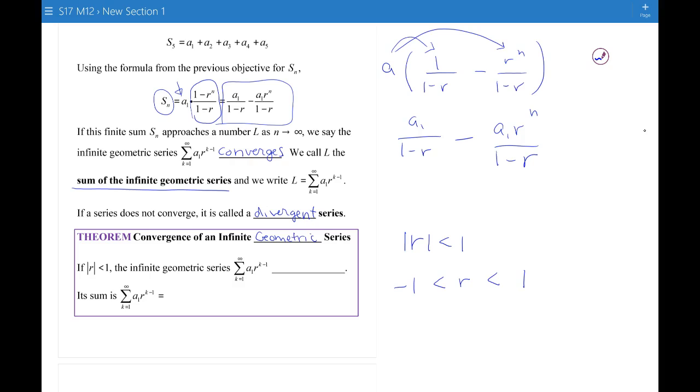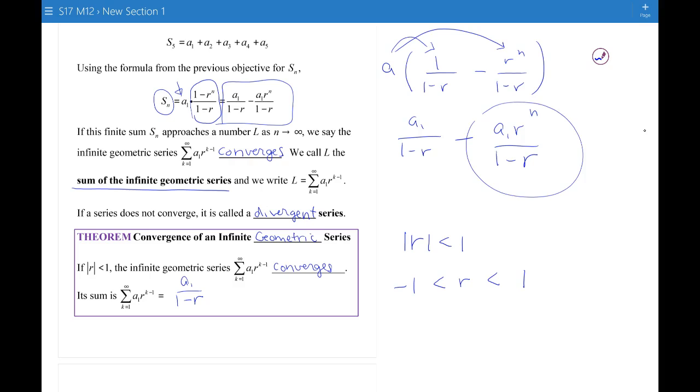If your r is between -1 and 1, then the infinite geometric series converges. That's the condition you have to meet to get convergence. And its sum actually adds up to a number, which I find totally amazing. Its sum is a sub 1 over 1 minus r.